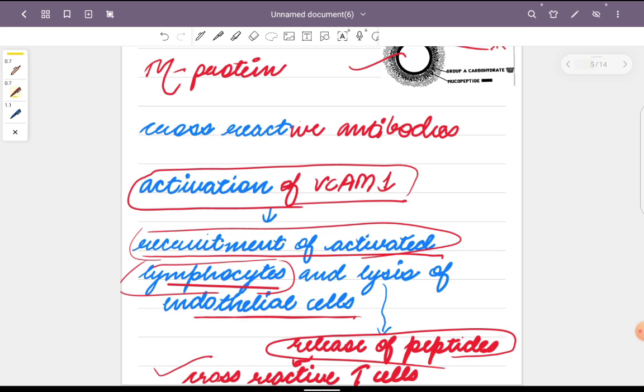Whenever there is activation of VCAM molecule, there will be recruitment of activated lymphocytes and lysis of endothelial cells, which will lead to the release of peptides. So peptides like keratin, tropomyosin will further activate the cross-reactive T cells that will invade the heart and further amplify the damage. So this was the whole concept of molecular mimicry.